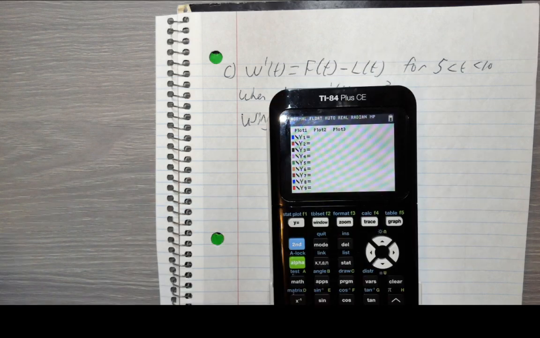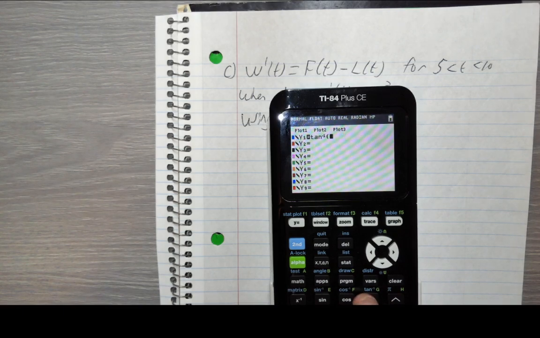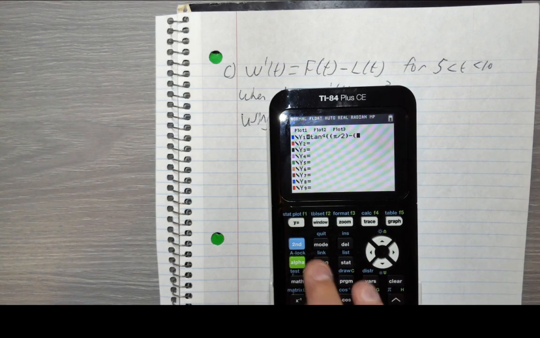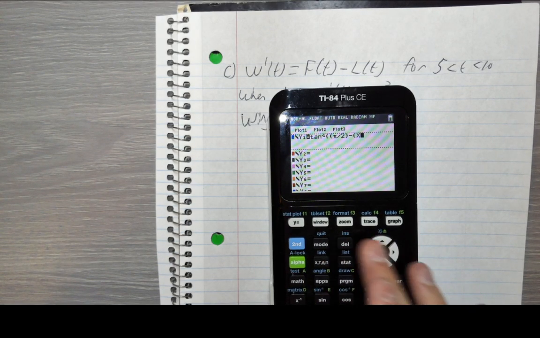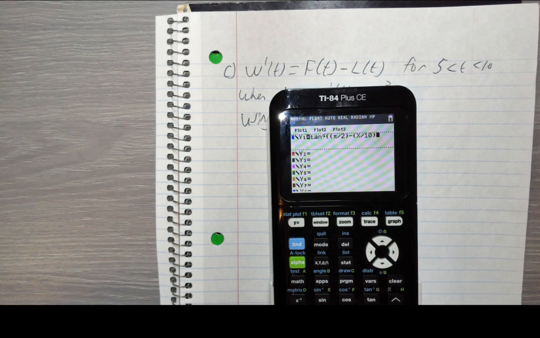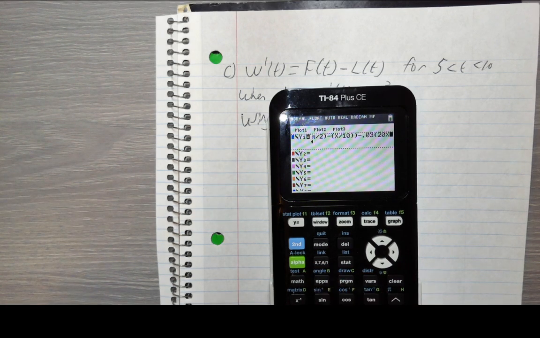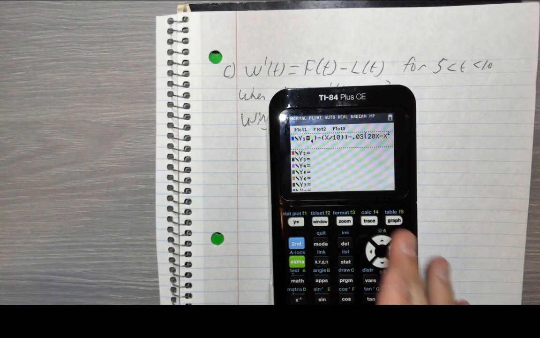So I'm just going to take my function f of t, which is arctangent of pi divided by 2 minus x, divided by 10, and then minus 0.03 times the quantity 20x minus x squared minus 75.